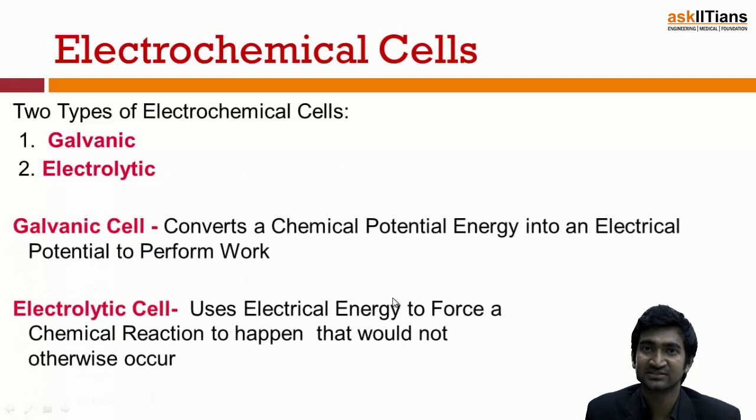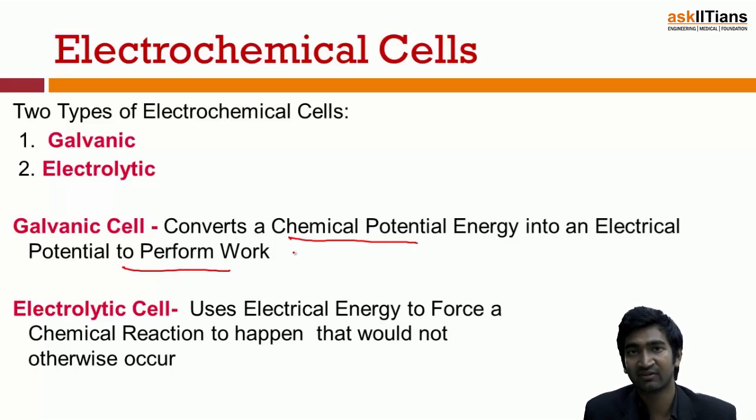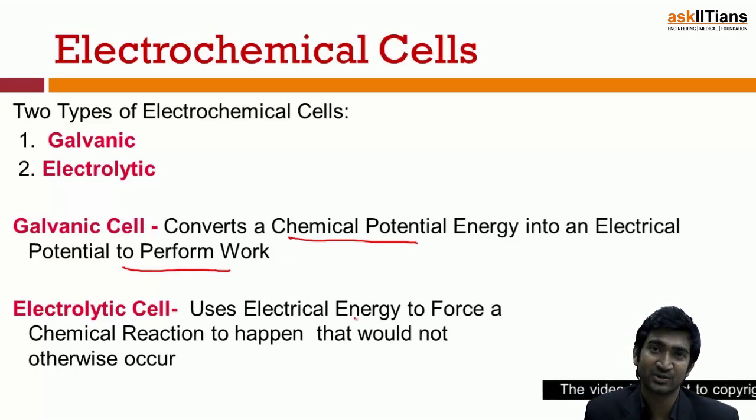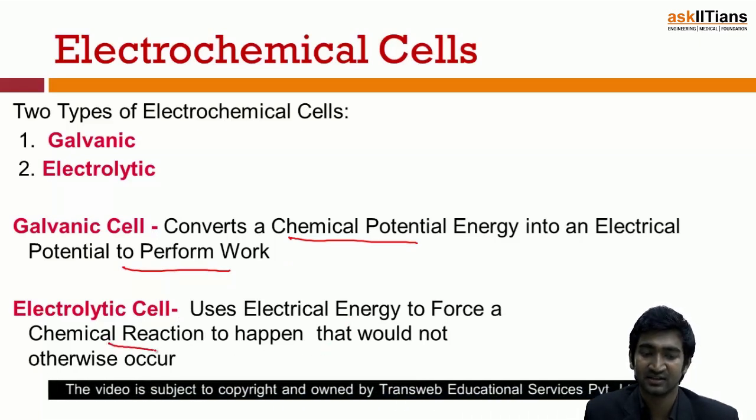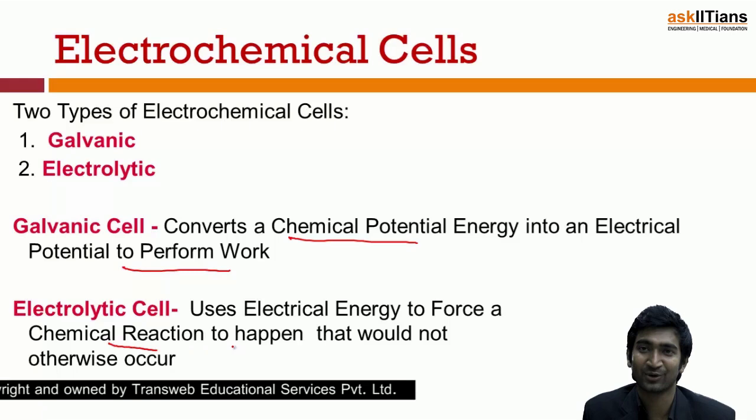Galvanic cells convert chemical potential energy into electrical potential energy to perform work. Then we get the energy and we get electricity. And an electrolytic cell uses electrical energy to drive the chemical reaction in that cell. So they are totally the reverse cases of each other.